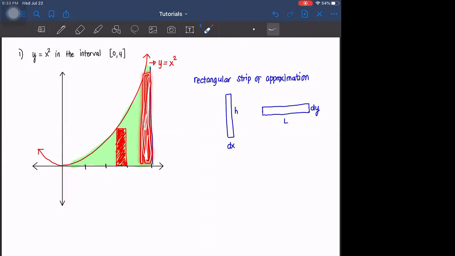Anywhere in the region as long as kung atong drawingan na siya daghan nga rectangle, if you move the rectangle from left to right, kaning isig end dapat mo touch siya sa isa ka curve. So at this point ang iyang gitouch ang parabola o ang isa ka curve ang iyang gitouch kay ang x-axis. And take note that the x-axis is also a line, it is also a curve. And then you label your rectangular strip.